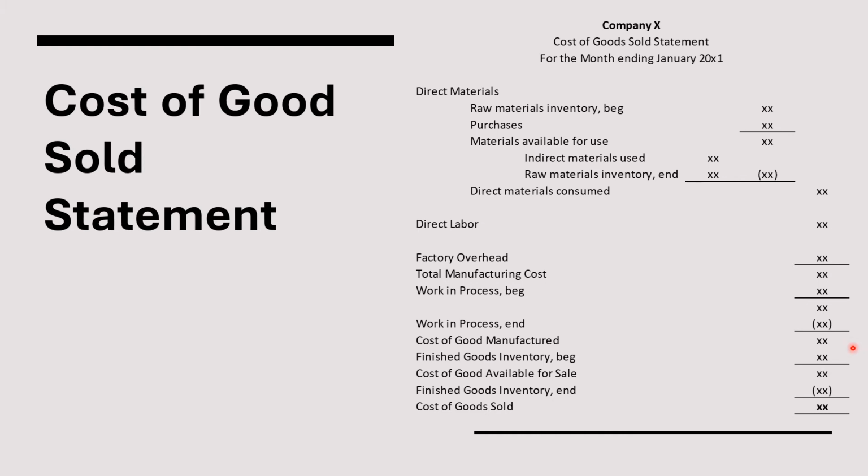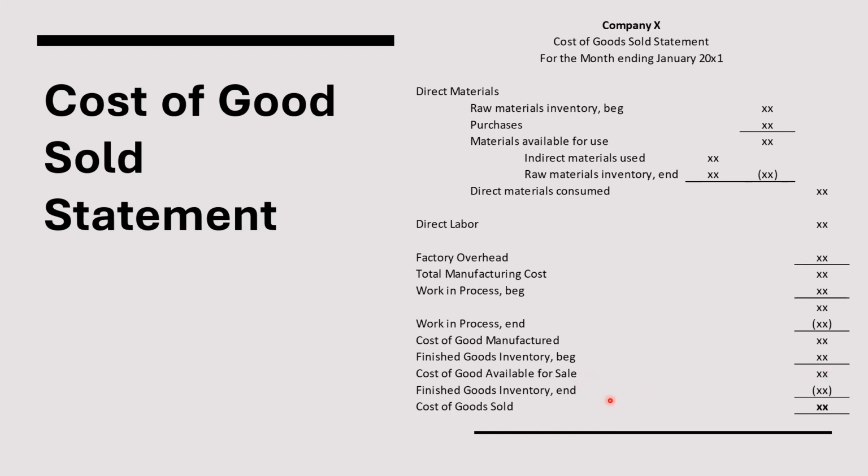You add up the inventory cost of the finished goods at the beginning of the period, and for you to be able to get the cost of goods available for sale. So during that period, you were able to get how much was available for sale at that time.